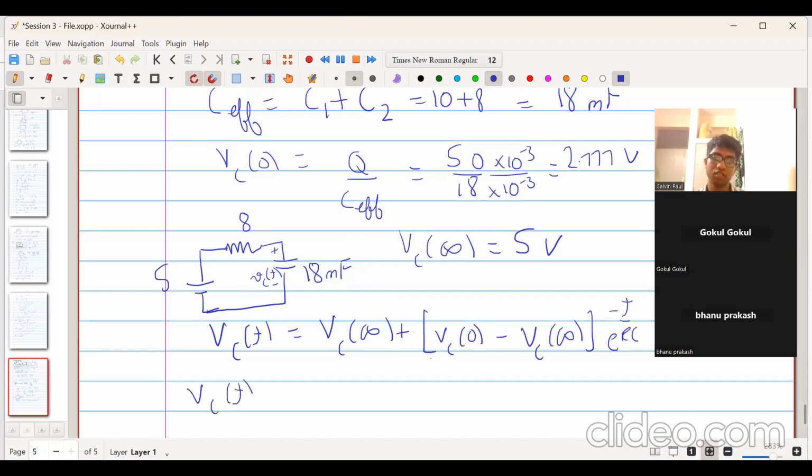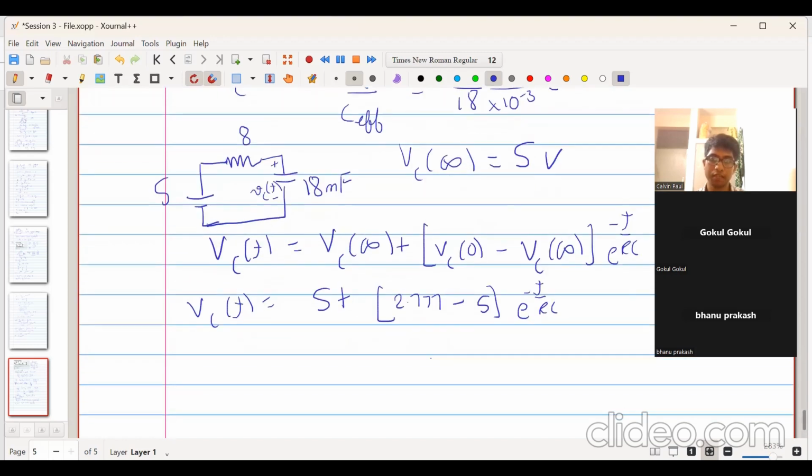So Vc of t is equal to 5 plus 2.777 minus 5 into e to the power minus t upon RC. What is 2.77 minus 5? It will be 5 minus 2.223 into e to the power minus t upon RC.